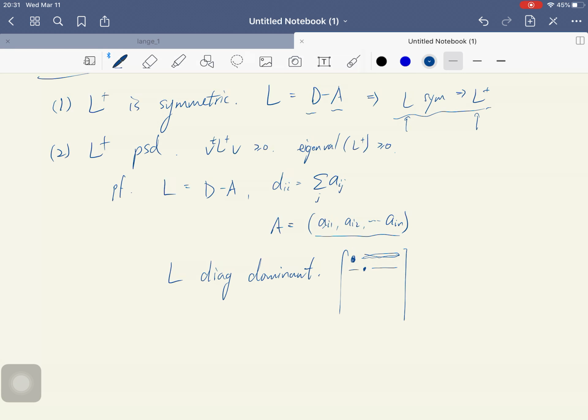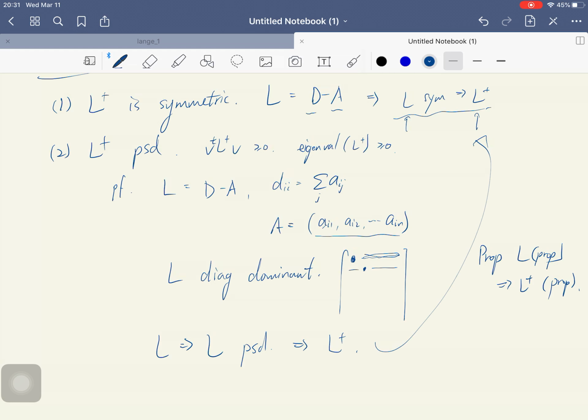So L is diagonally dominant, and that implies L is positive semi-definite. And if L is positive semi-definite, then the pseudo inverse is too, by my proposition: L having a property implies the L pseudo inverse has the property.